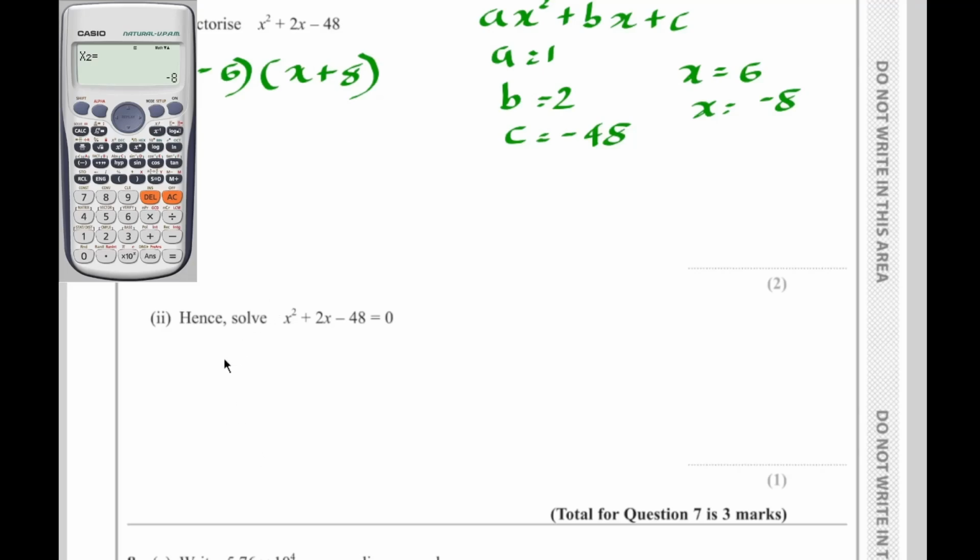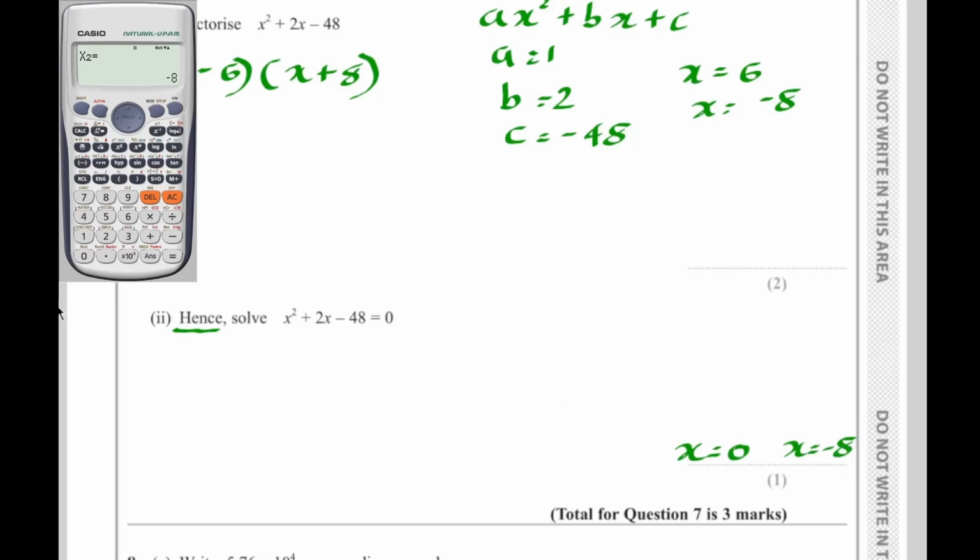Here, next one, hence solve. So hence solve x squared plus 2x minus 48 equals 0. Hence means you got to use these factors here. So whatever the calculator gives out are the answers. So I know that my answers have to be x equals 6, x equals minus 8.